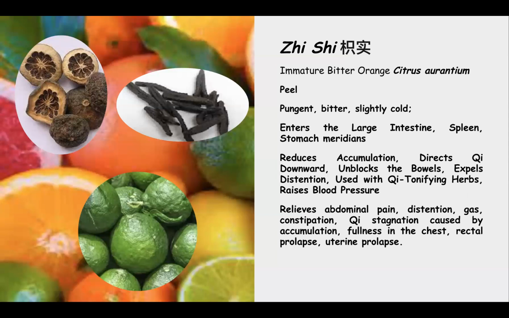And any kind of accumulation basically results in pain, distension, gas, constipation. It's called qi stagnation. So this helps unblock that. And so it's used for breast pain, fullness in the chest, rectal prolapse, all kinds of different things, uterine prolapse. It's a really good herb to put in formulas after women have given birth. So it's a wonderful, wonderful herb to use, and it's used quite frequently.